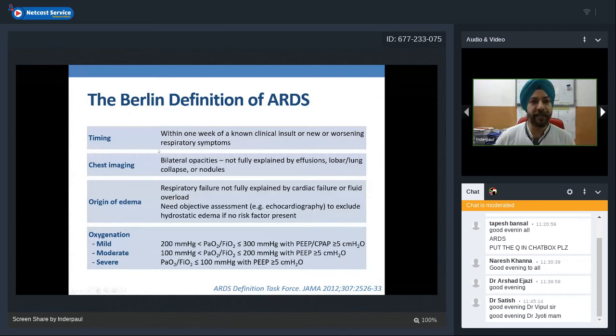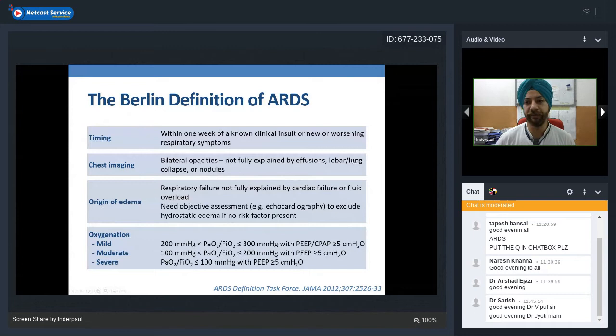So as far as timing is concerned, ARDS is to be used only if there is respiratory failure which is acute in onset. So the onset should be within 1 week. And on chest imaging, most commonly chest X-ray, there should be bilateral opacities which are not fully explained by pleural effusion, lobar or lung collapse, or nodules.